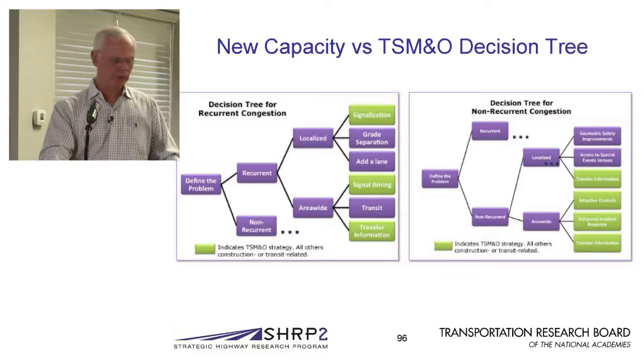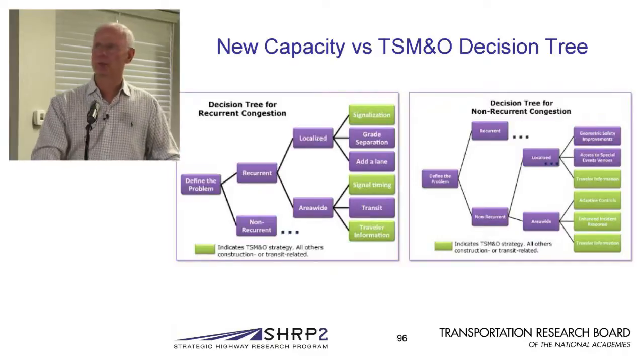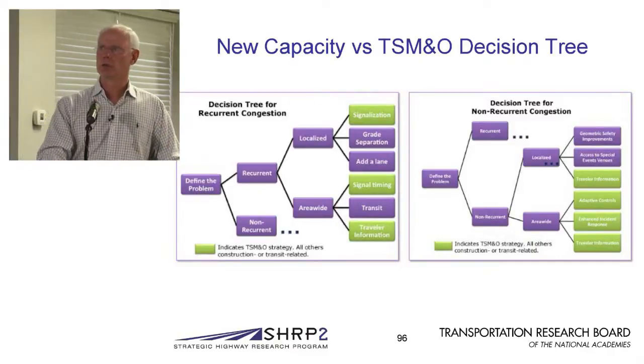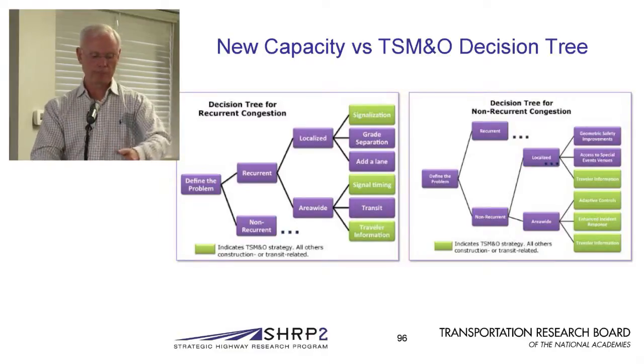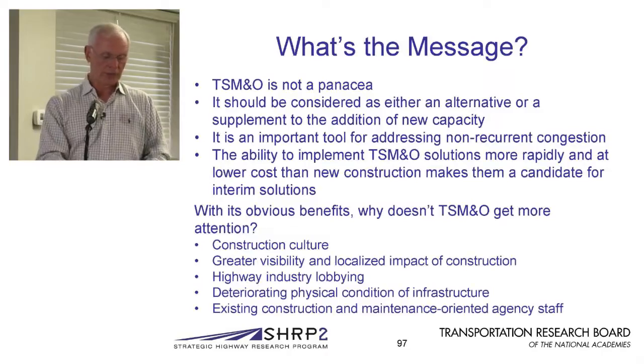This next slide presents a decision tree, and we've probably beaten this to death at this point, but it looks at the recurrent in the left box and the non-recurrent in the right box. In the left box there are more traditional kinds of measures that you would typically be led to, whereas in the right box there are more TSM&O oriented measures. So what's the overall message?